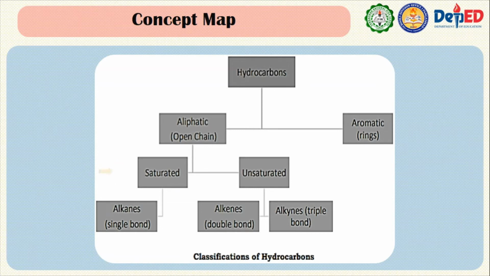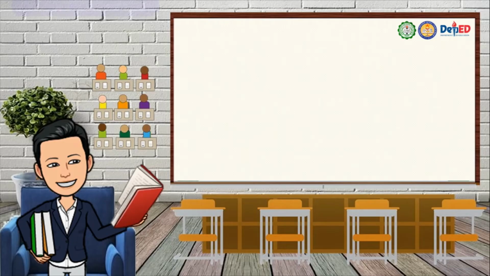Saturated aliphatic hydrocarbons are hydrocarbons in which all of the carbon-carbon bonds are single bonds, or alkanes. Unsaturated aliphatic hydrocarbons are hydrocarbons which contain at least one double bond or triple bond, that are alkenes and alkynes.